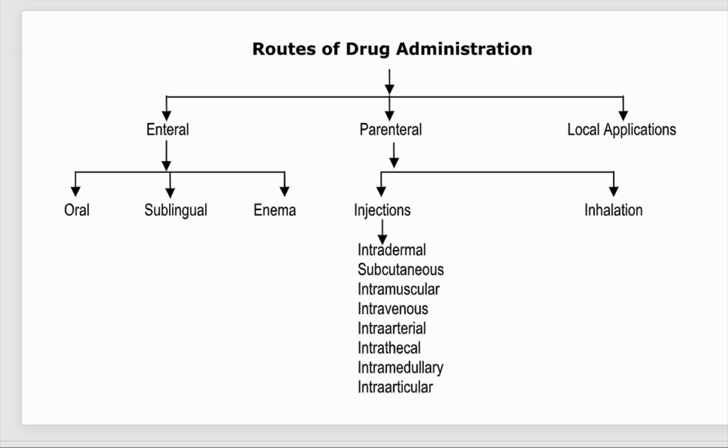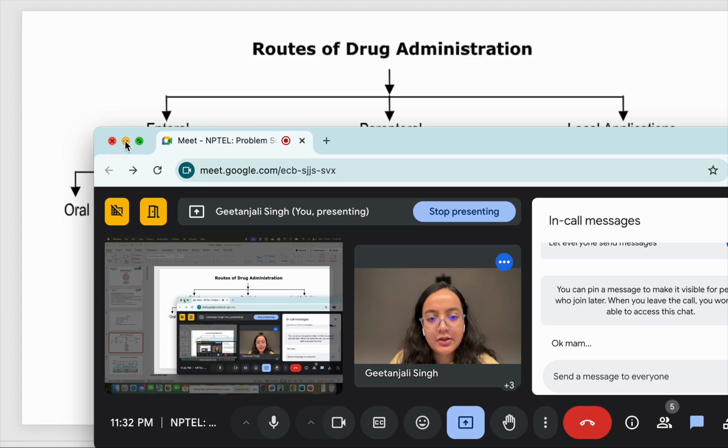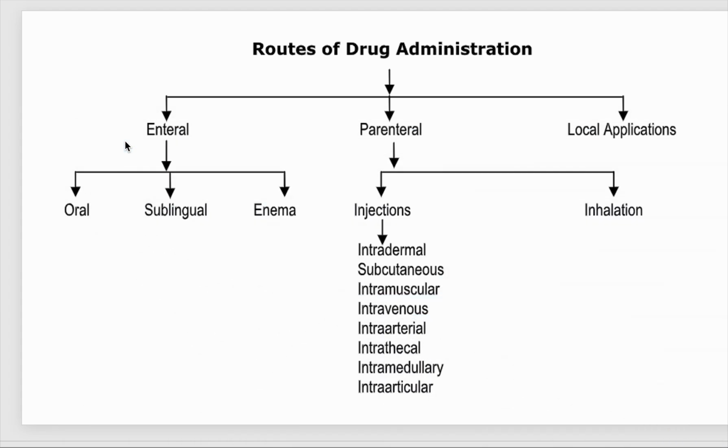We'll discuss what kind of effect I'm talking about. One is systemic effect and the other one is local effect. Systemic effect is the effect produced by a drug after being effectively absorbed in the bloodstream. So once the drug is absorbed, the kind of effect it has on the body is called systemic effect.